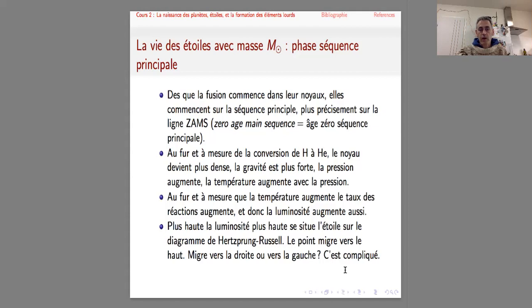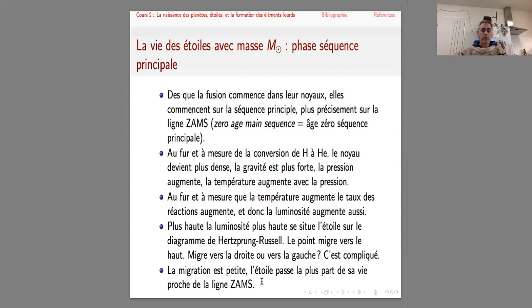As it moves upwards, does it move to the left or the right? Well, unfortunately, the answer is a little bit complicated, and it depends on details that go beyond what we're interested in. And in any case, this migration is rather subtle. I just wanted to emphasize that it doesn't just stay there.